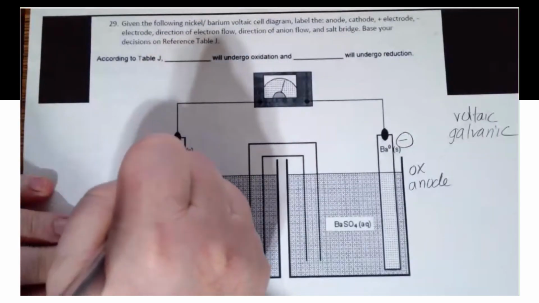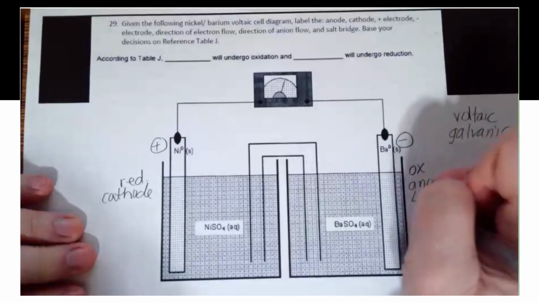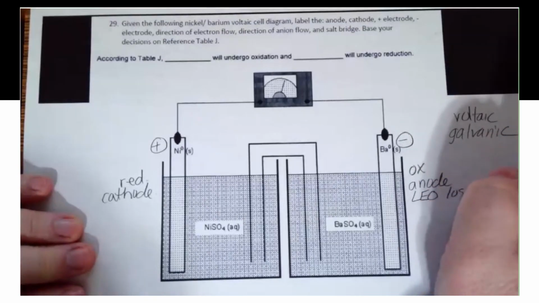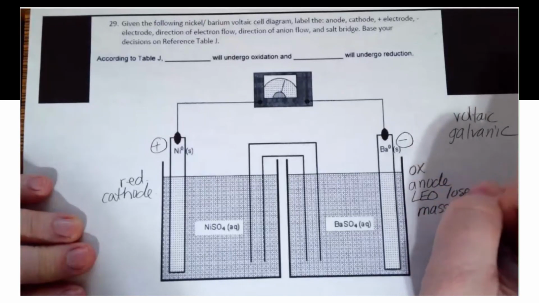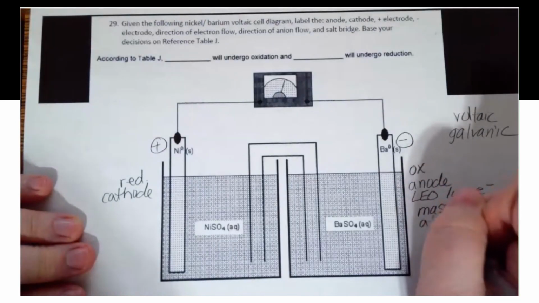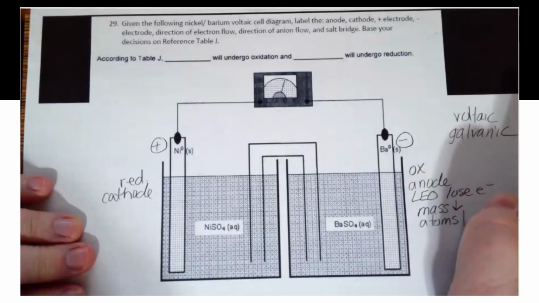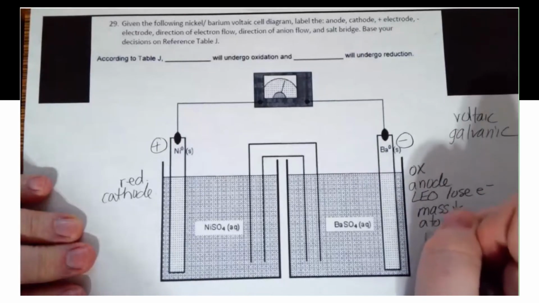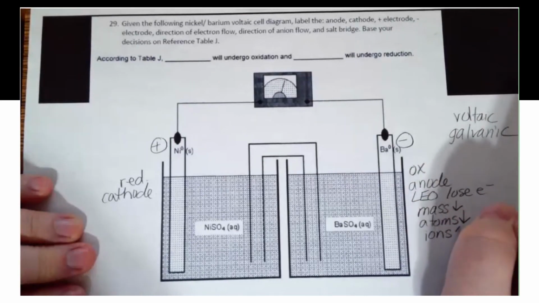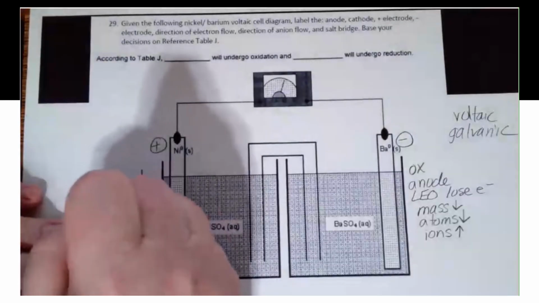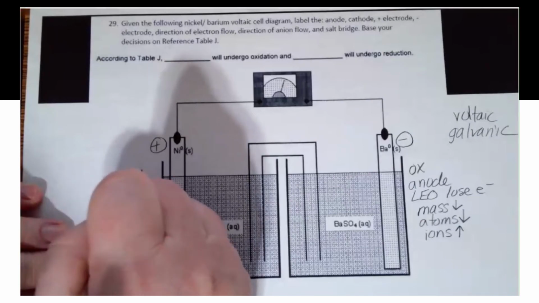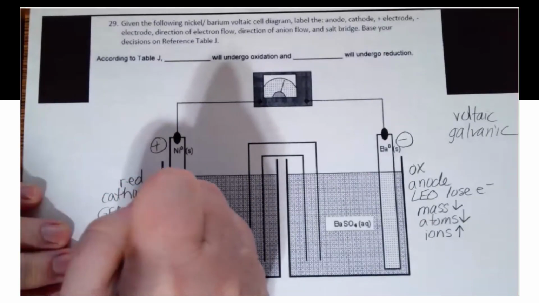And the cathode. Oxidation means LEO, right? So that's lose electrons. So if it's losing electrons, that piece of metal is going to get smaller. The number of atoms in that piece of metal will get smaller, but the ions in solution will go up on this side. Since it's reduction, that is GER, that is gaining electrons.